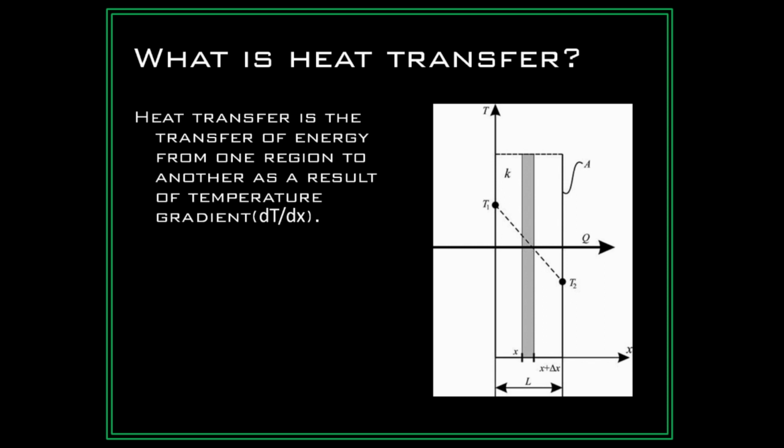And what is the temperature gradient? Here you can see the graph of the wall. When the heat is flowing from this side to this side of the wall, the temperature of the left surface of the wall is T1.